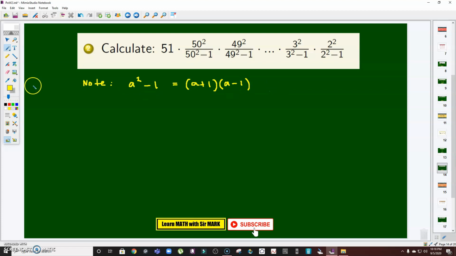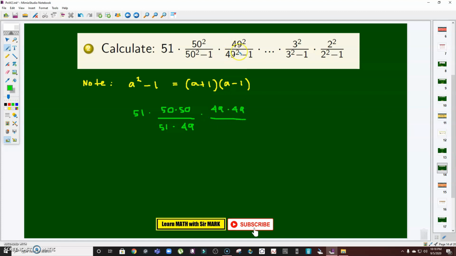So, therefore, what we're going to have here is that 51 times yung 50 squared, that is 50 times 50, all over yung 50 squared minus 1 will be just this, 50 plus 1, so that's 51, times 50 minus 1, that will become 49. See that? I'm done with this factor. Next, how about this one? 49 squared, that means 49 times 49.